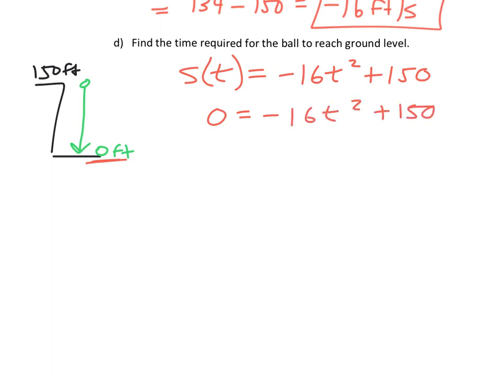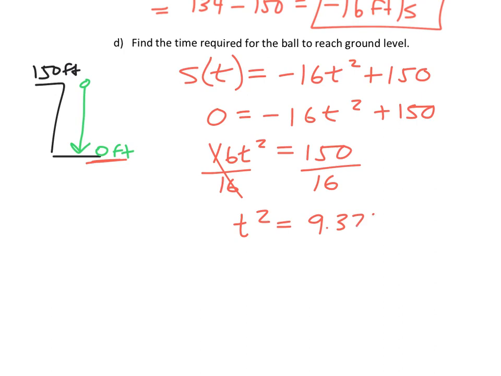So I can add the 16t squared to the other side, then divide by 16. So t squared would equal 150 over 16, which gives me 9.375, or you can leave it as a fraction if you prefer.